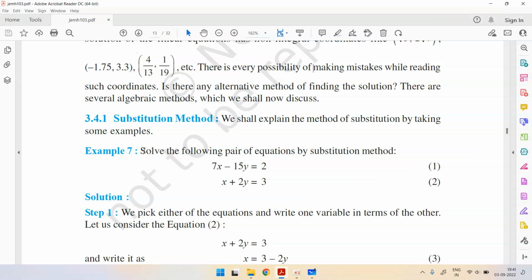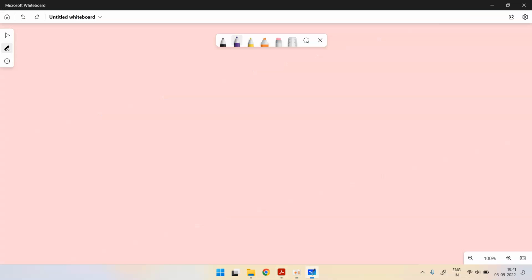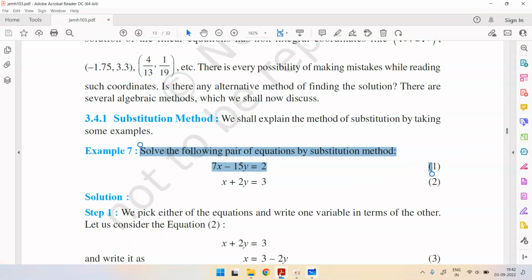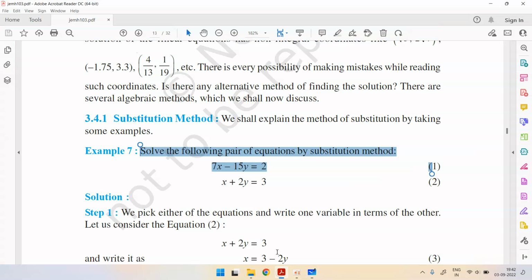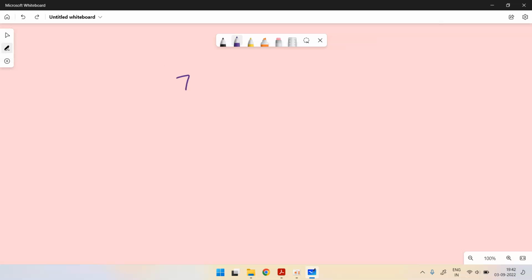Directly see the example. Solve the pair of equations by the substitution method. It is given: 7x minus 15y equal to 2, and x plus 2y equal to 3.